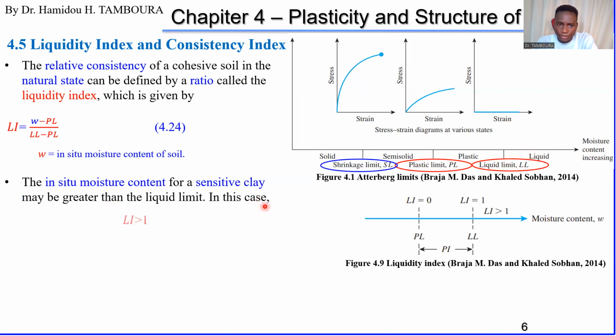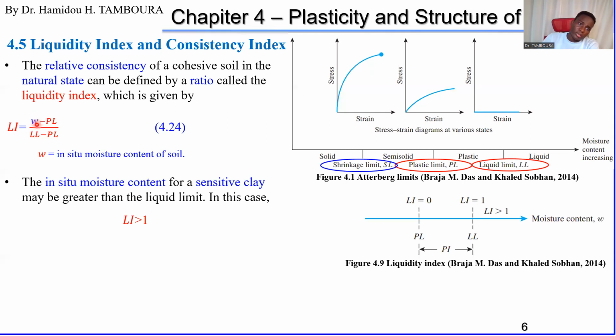In that case, we have a liquidity index higher than 1, because the water content is greater than the liquid limit. Makes sense, right?